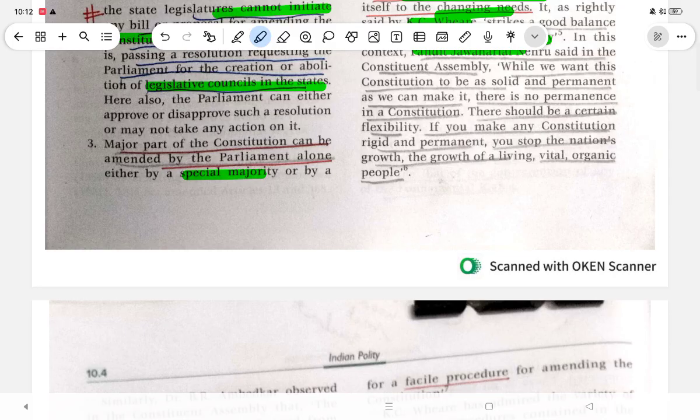There should be a certain flexibility. If you make any Constitution rigid and permanent, you stop the growth of a nation, the growth of a living, vital, organic people.